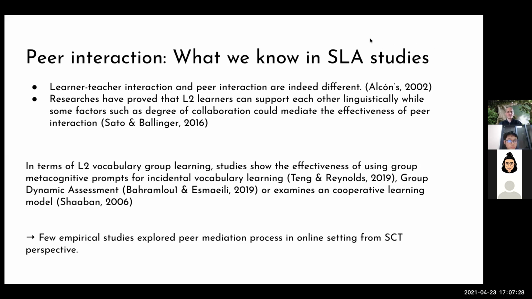Researchers have shown that L2 learners can support each other linguistically, while some factors such as degree of collaboration could mediate the effectiveness of peer interaction. And empirical L2 vocabulary group learning studies have shown the effectiveness of group metacognitive prompts for incidental vocabulary learning and also group dynamic assessment. And there are studies that examine cooperative learning models.